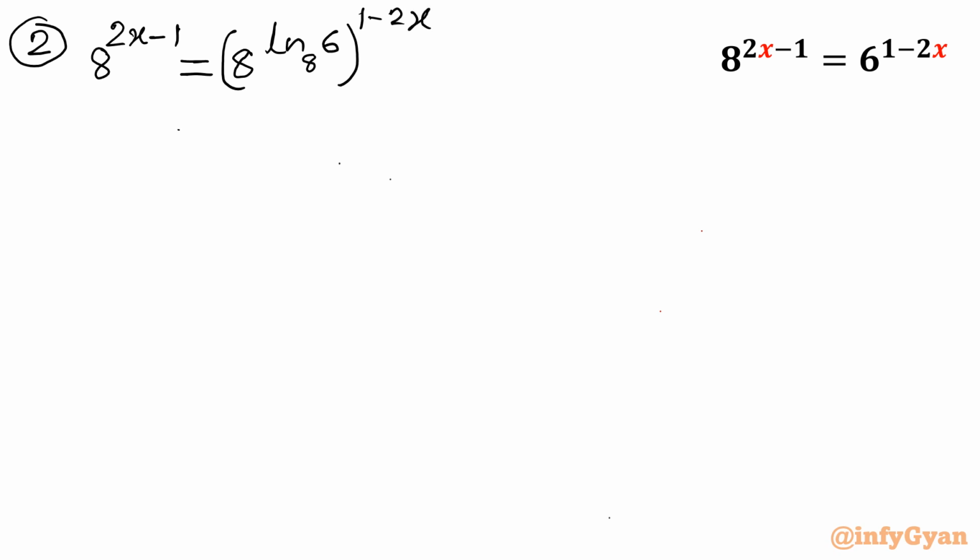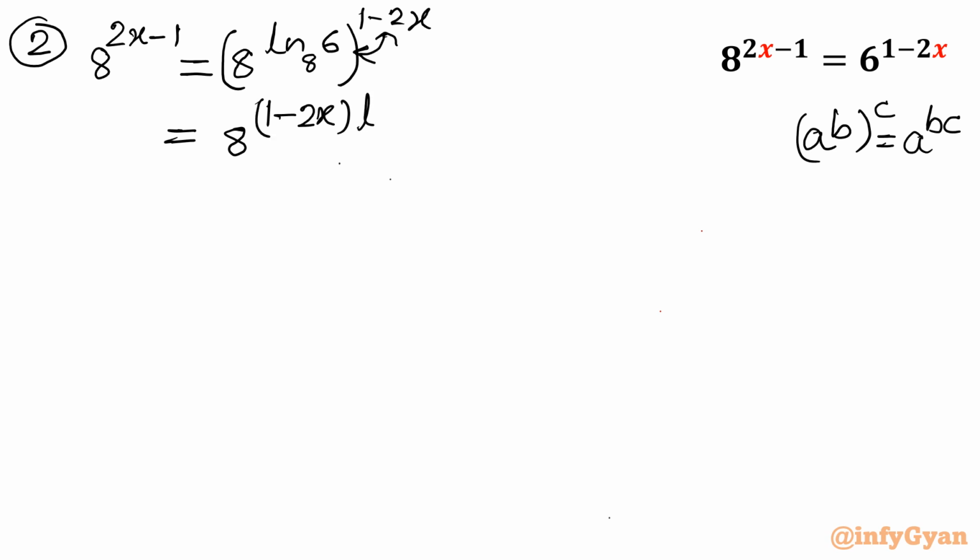Next step, by the exponent rule, a power b power c can be written as a power b times c. So I will multiply both the powers. So it will become 8 power 1 minus 2x times ln 8 6.